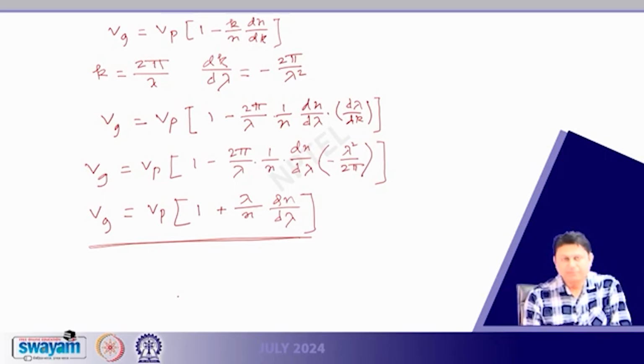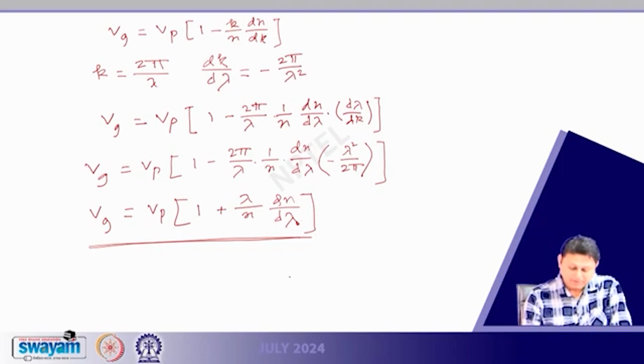And we find a very important term, that whether the group velocity is equal to phase velocity, under that condition what happened, the dn d lambda has to be 0, that means n should not be a function of lambda, and it only happens when we have the value of n equal to 1, that is in free space or in air. So, where the refractive index does not change with lambda, in that case we have Vg equal to Vp, that we know.